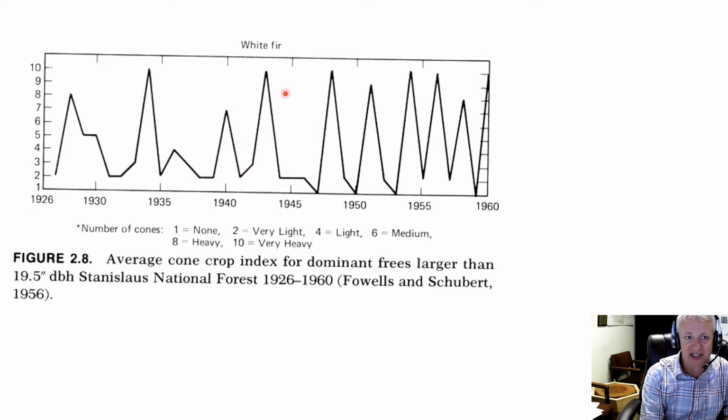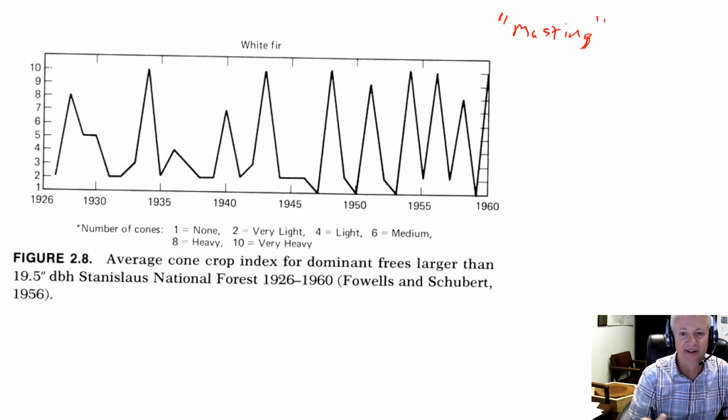And there's lots of up and down. That kind of behavior or pattern is often called a masting pattern, which basically means irregular patterns where there are years with very high seed production and years with very low seed production.